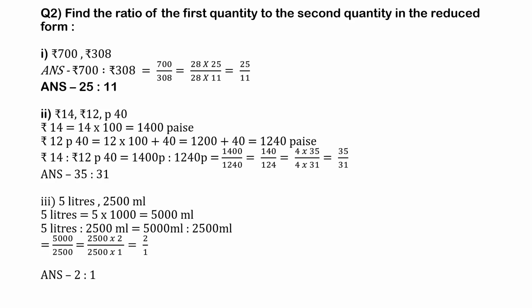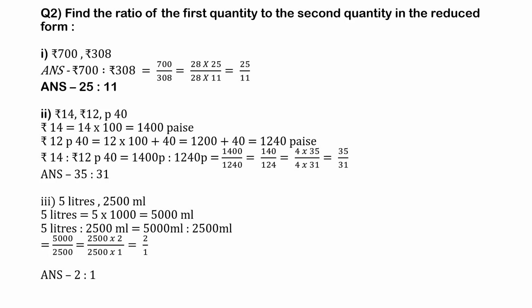1 liter is equal to 1000 milliliters. So 5 liters will be 5 into 1000, which is equal to 5000 milliliters. Now we can write 5 liters is to 2500 milliliters is equal to 5000 milliliters is to 2500 milliliters.